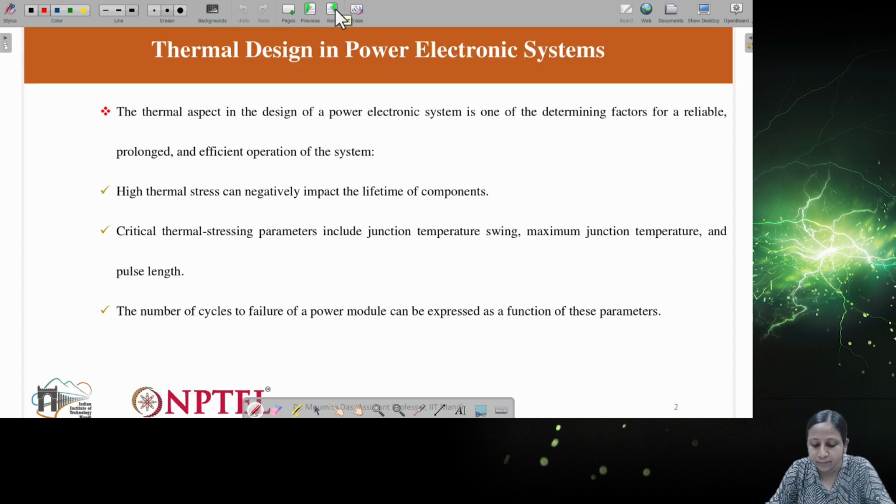So thermal design in a power electronic system, if we have to consider it, there are different factors we need to know about, and how these thermal factors arise. The thermal aspect in the design of a power electronic system is one of the determining factors for reliable, prolonged and efficient operation of the system.